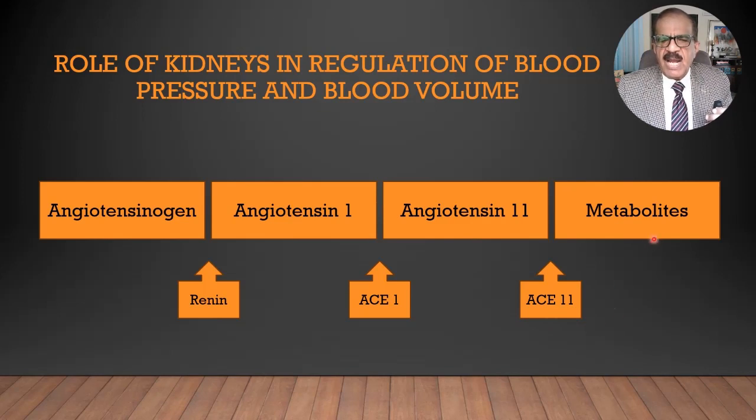Then the metabolites have vasodilator action and vasoconstrictor action, and ultimately are excreted. Why am I discussing this in the context of kidney diseases? Because all this system is regulated by the kidneys. So unless you have functional kidneys, it will be very difficult to achieve good homeostasis in your body.